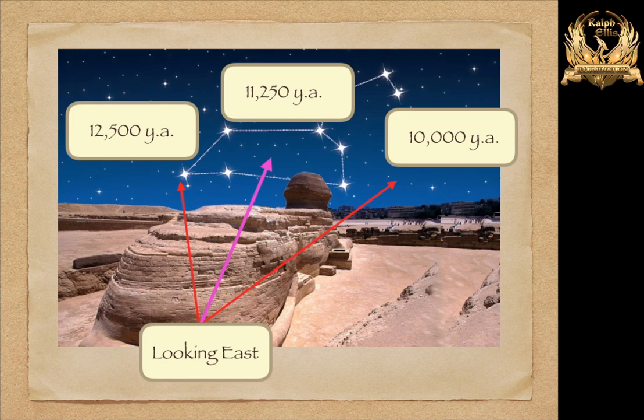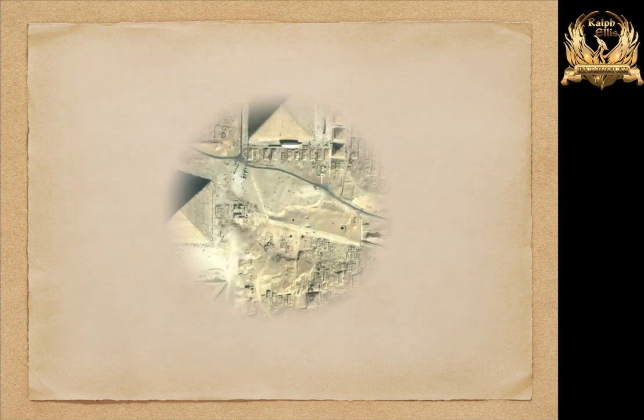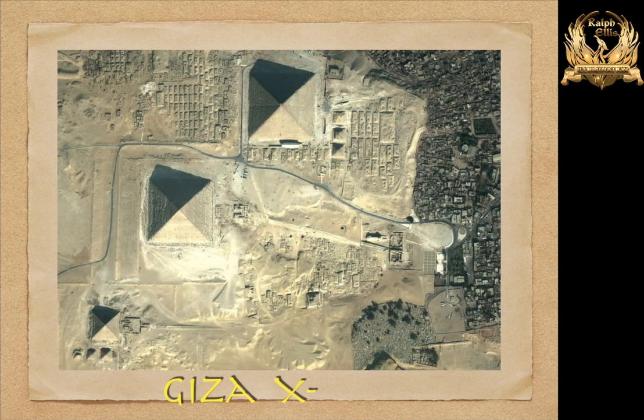But is that what the Sphinx is actually doing? Because if we look at the layout of Giza, here's a nice satellite photo of Giza. And what they're saying is that we're looking due east at the vernal equinox, the spring equinox, for the constellation that is rising.